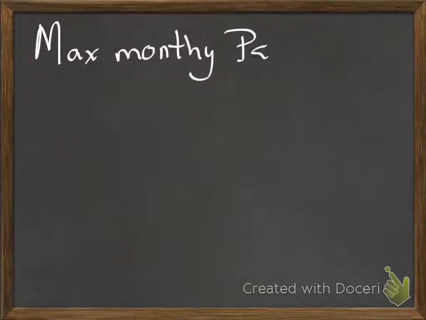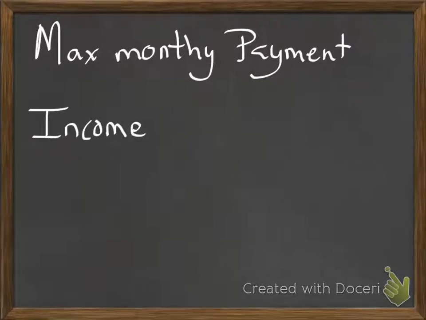Now let's see if we can figure out how much debt monthly payments can we get to our max. Is it good to get to your max amount of debt? No. Because that leaves no wiggle room for bad things to happen. So our max monthly payment, we are going to take our income times 0.40, because we're looking at 40%, and that's 0.40.